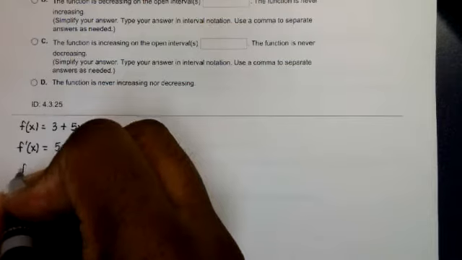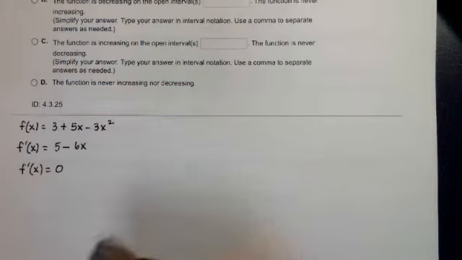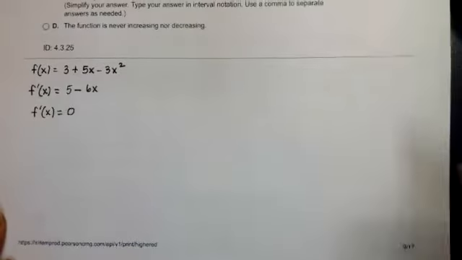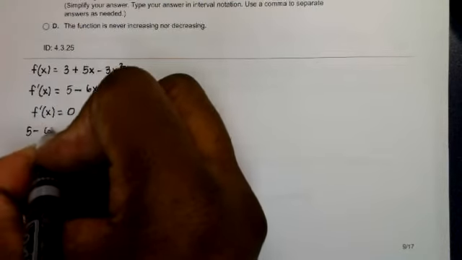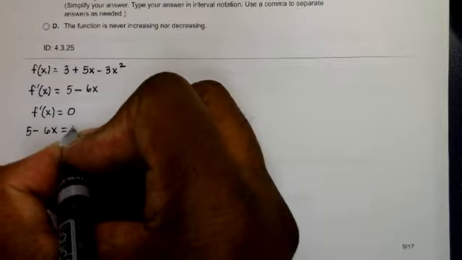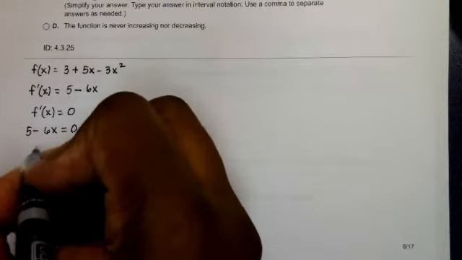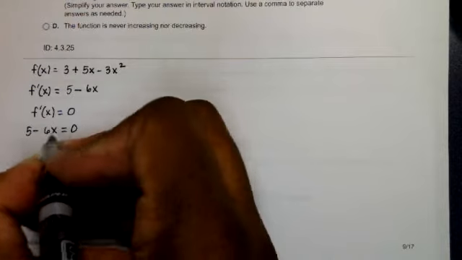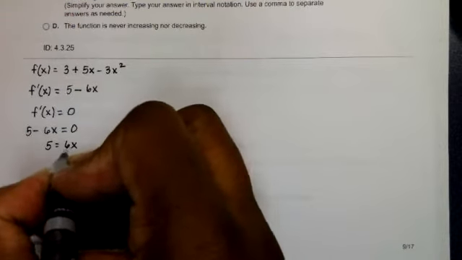Now let's set f prime of x to be equal to 0. That would mean that 5 minus 6x, which is what f prime of x is, would be equal to 0. Let's see. If I move the 6x over to where that 0 is, I'm going to have 5 is equal to 6x.